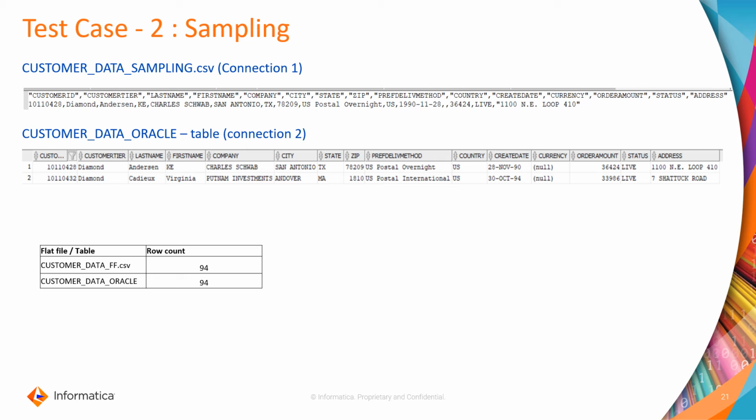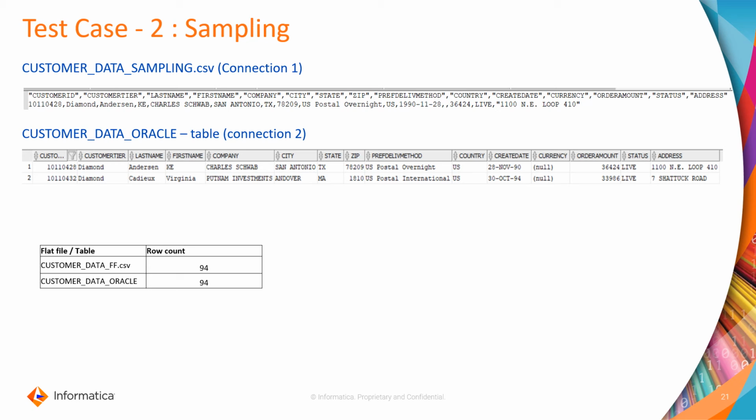So coming back to the next test case, we have the sampling scenario. In this case, what we want is we do not want to compare the whole table data set. We just want to compare a few records out of whatever number of records we have in our objects, tables basically.